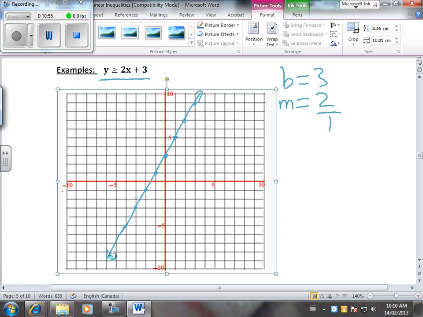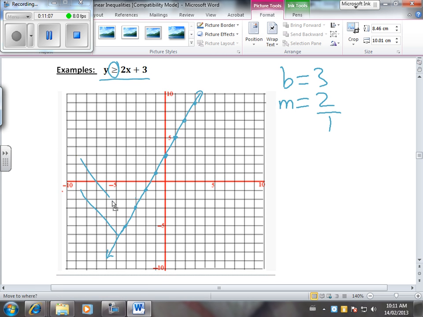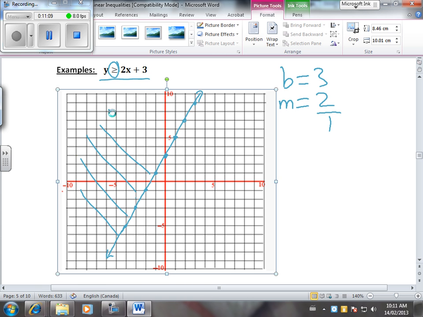We know to draw a solid line because we have a greater than or equal to sign. And then we know to shade our half plane above the line because it's greater than or equal to. So we'll shade above the line. We weren't given any restrictions, so we are assuming, what can we assume with no restrictions?